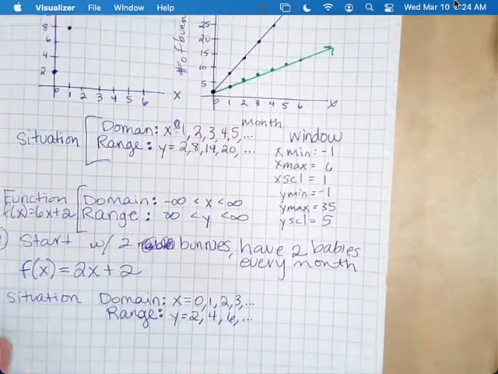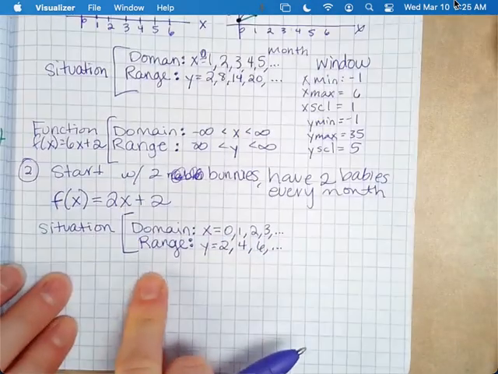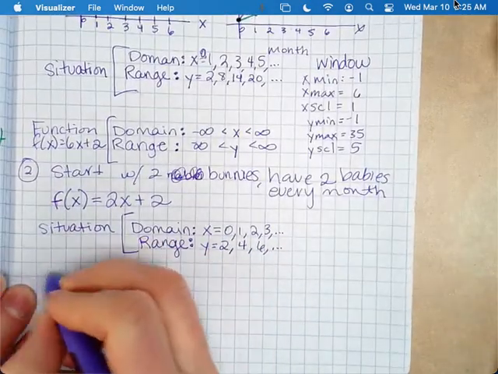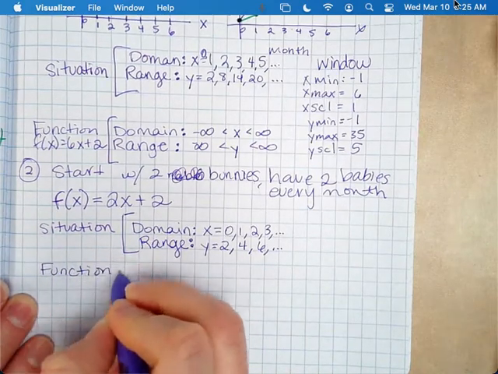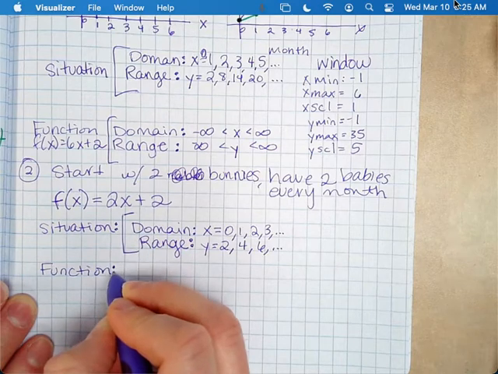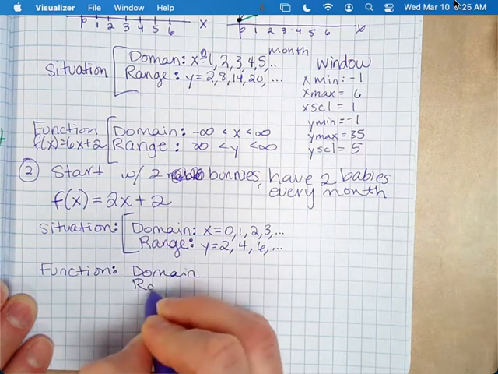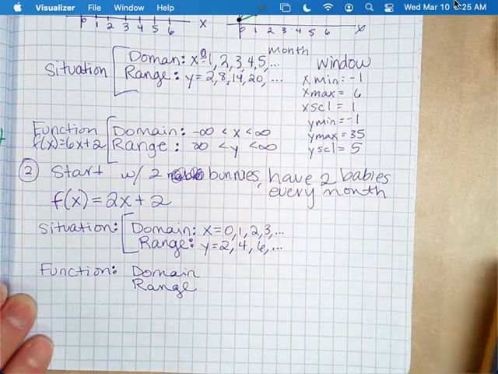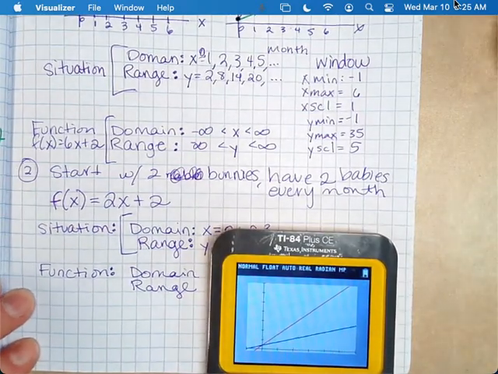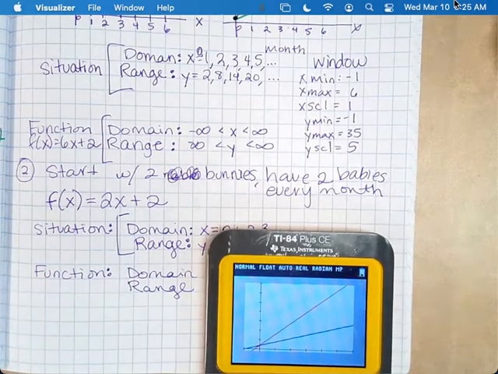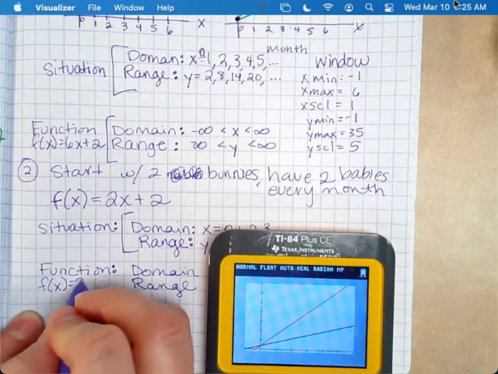Okay, so for the domain and range of the situation, we already figured that. What about the domain and range of the function? So the function is the graph with the points being connected because the function is f of x equals 2x plus 2.